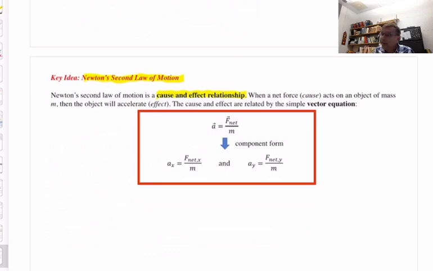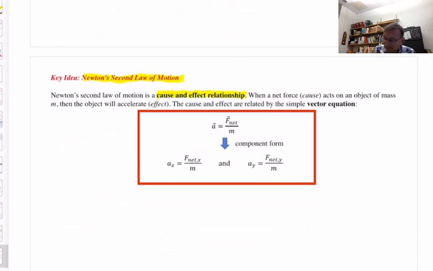Cause and effect. A lot of times in science, we are wanting to find out what's the cause of an observed effect. And it can be subtle to sort out what's causing something to happen, right? So this turns out to be Newton's second law, a cause and effect relationship.